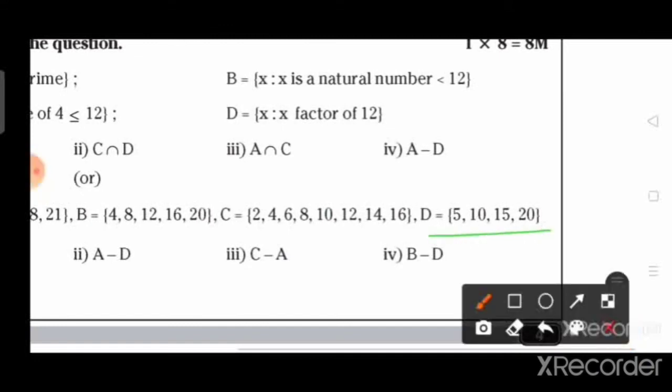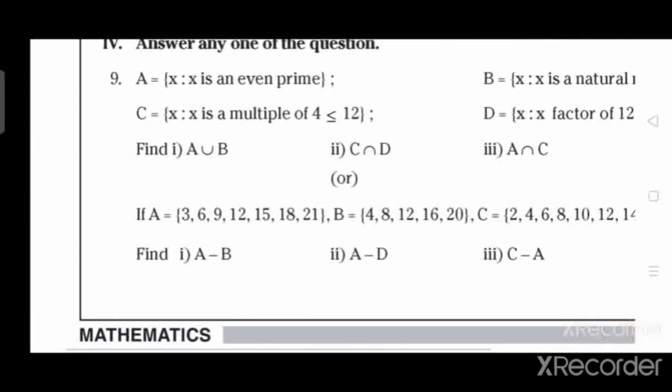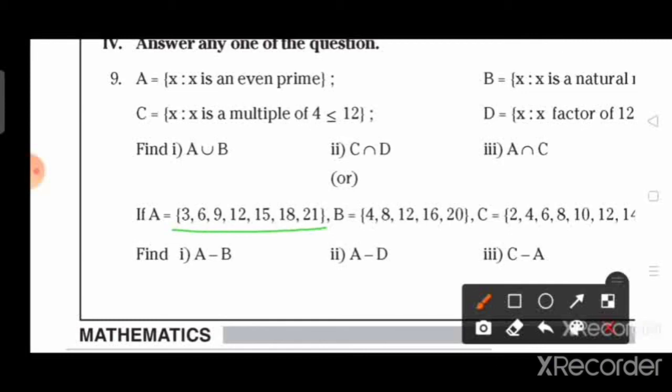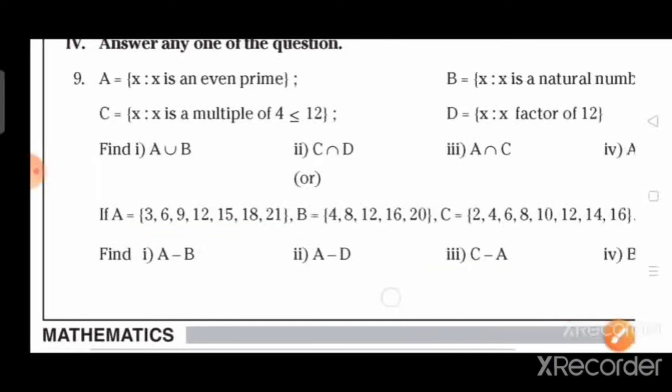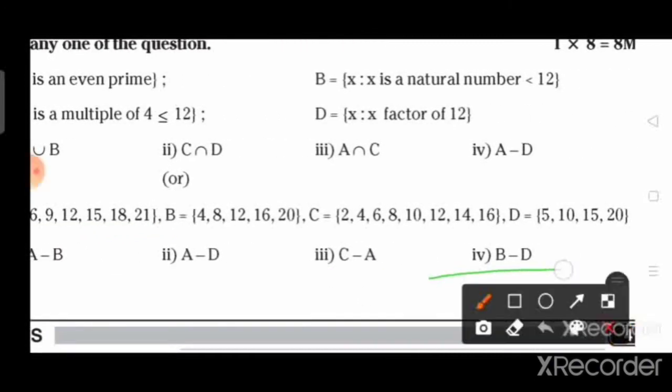These are multiples of 5, here multiples of 2, here multiples of 4, and here multiples of 3. So here we have to find A minus B, A minus D, C minus A, and B minus D.